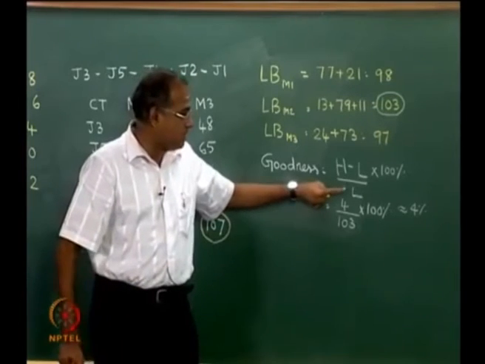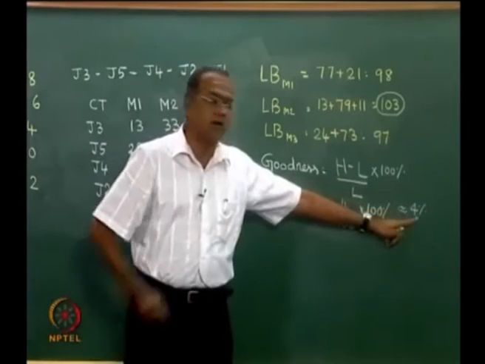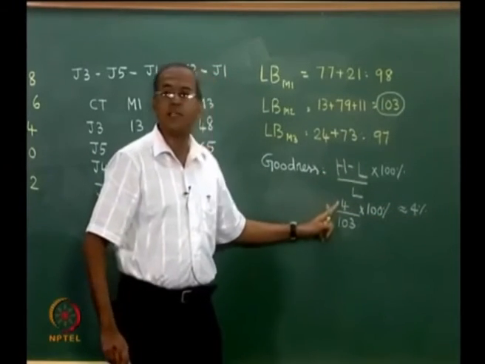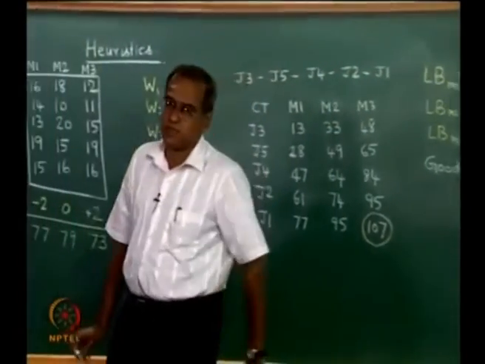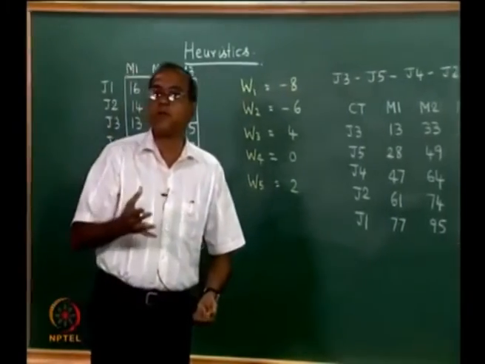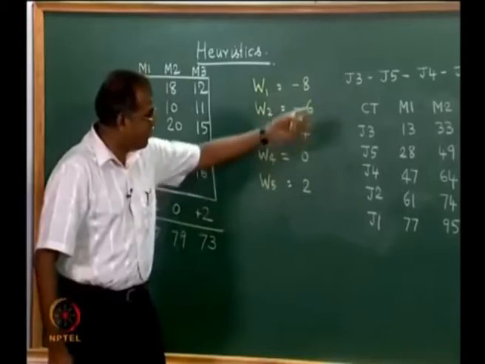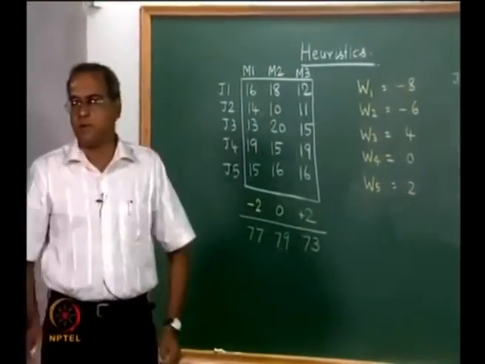So, the optimum is 103 or more, therefore, the actual goodness will be 4 or less, because O can increase and H minus L can actually decrease. So, in the worst case it can only be 3 plus something. So, if we are willing to accept a solution which is within 4%, then we can comfortably take this and we need not worry about trying to get to the optimum.